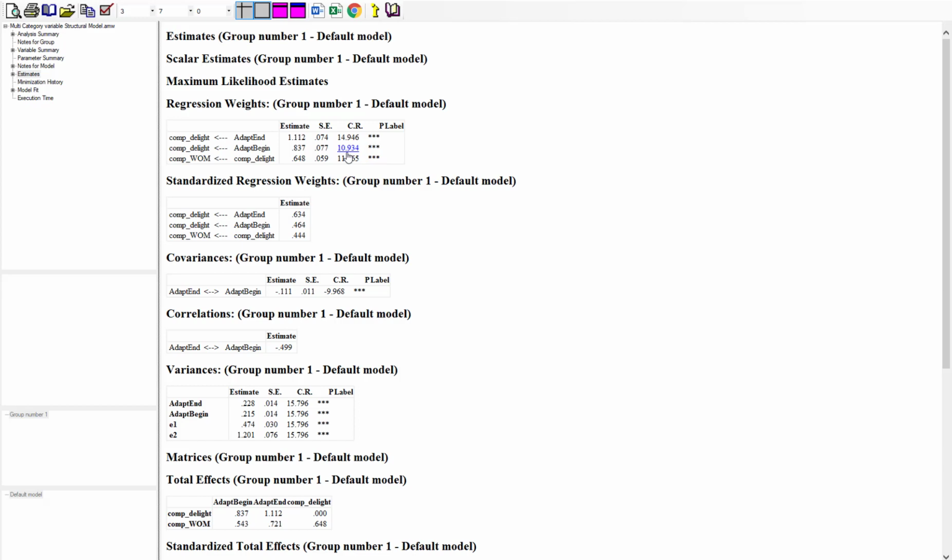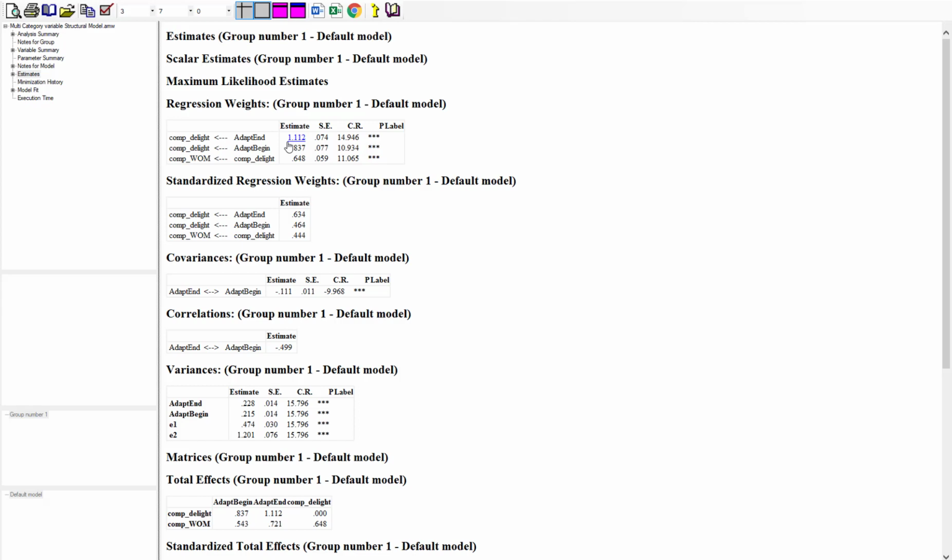If we see the adapt end right above it, you can see too that adapt end has a relationship to delight. So adapting at the very end of the experience had an influence on delight. T-value was 14.94.